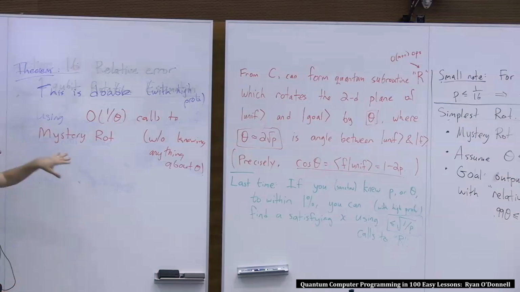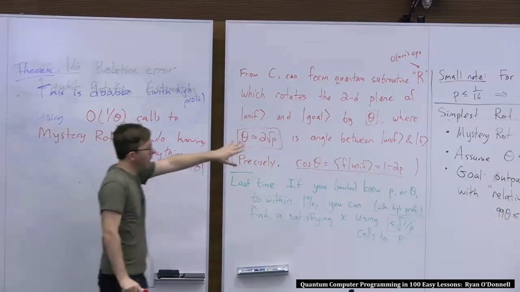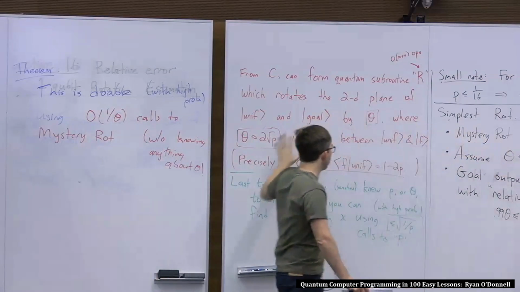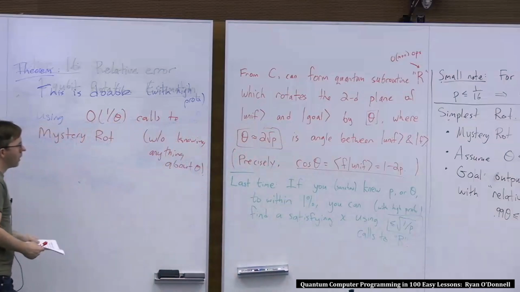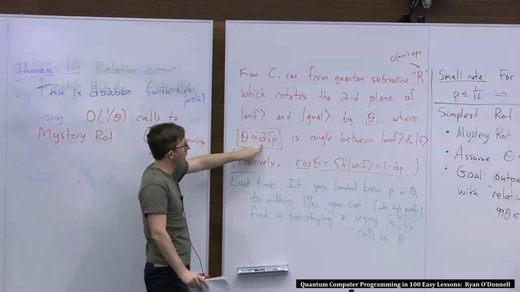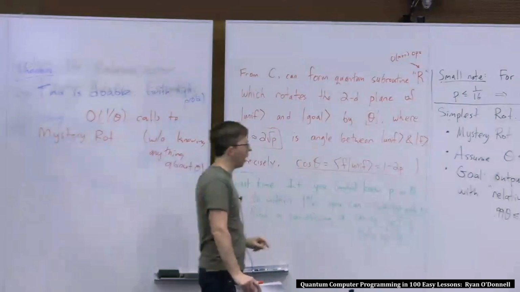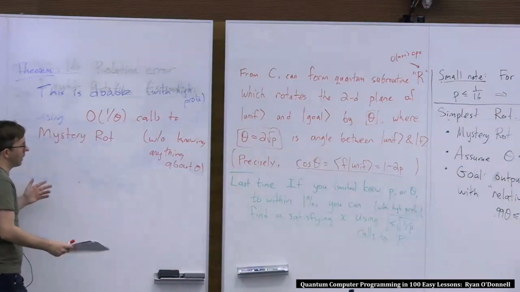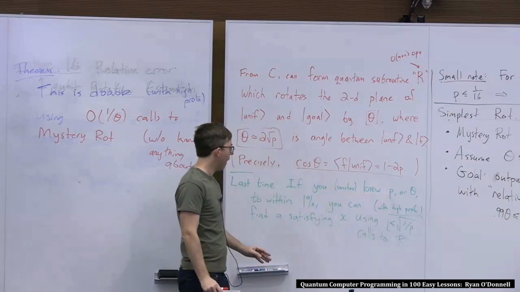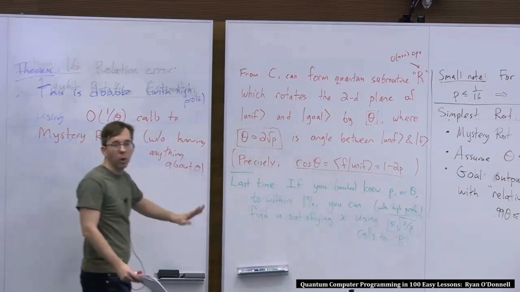As I said, we'll put the pieces together probably next lecture, but assuming we can port this very simple 1 qubit mystery rotation setup back to the Grover setup, which we will be able to, this 1 over theta many calls is big O of that many calls to R. That's desirable because you can put all the pieces together, and without knowing anything about P in advance, you can find a satisfying string X using big O of square root of 1 over P work.